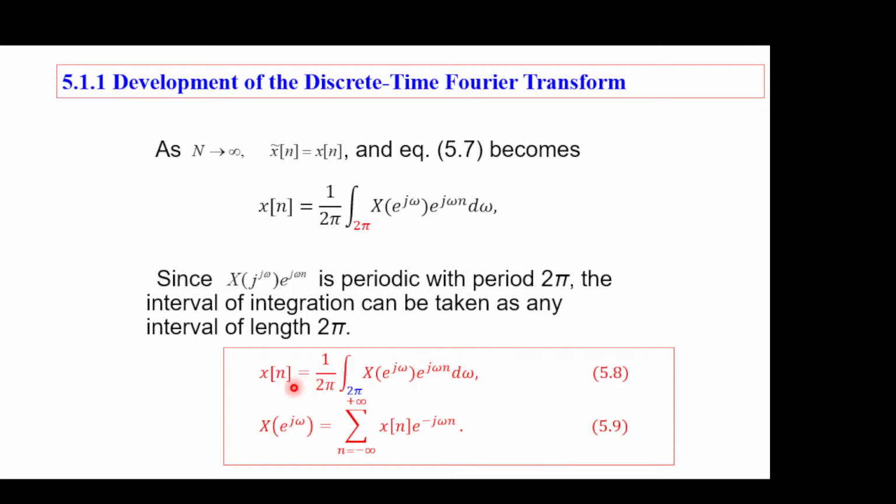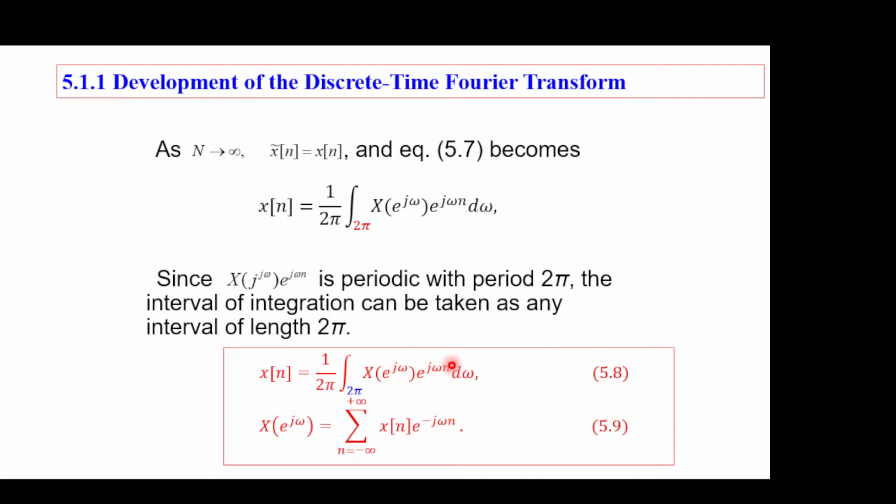And because you are non-periodic, your omega can be any continuous value, but the value is only meaningful for things between 0 and 2 pi, because omega and omega plus 2 pi are the same omega.